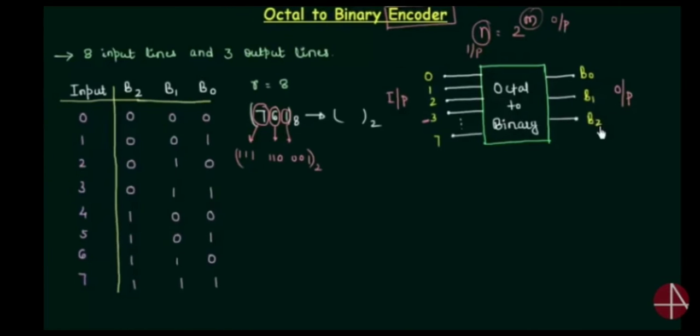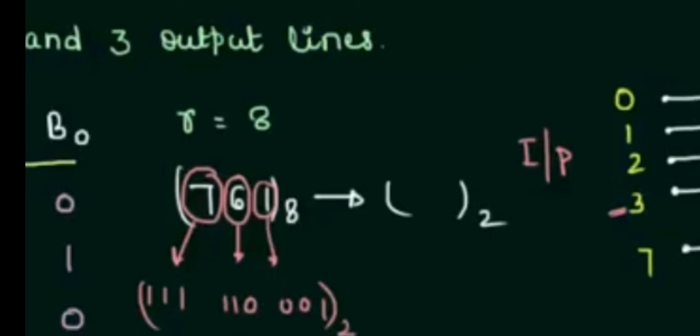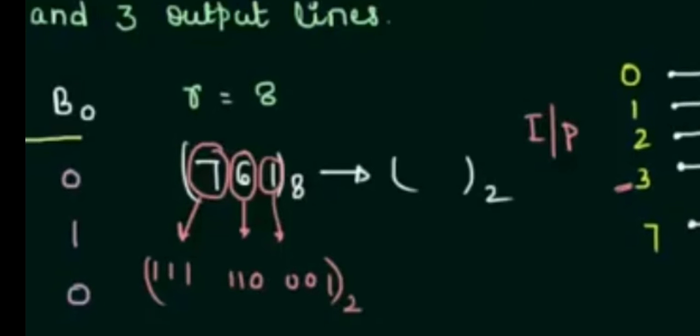Look at this second diagram. R is nothing but the radix or base. The base of the octal number system is 8, which means 8 unique digits. Take this example: 761 to the base 8 is an octal number.